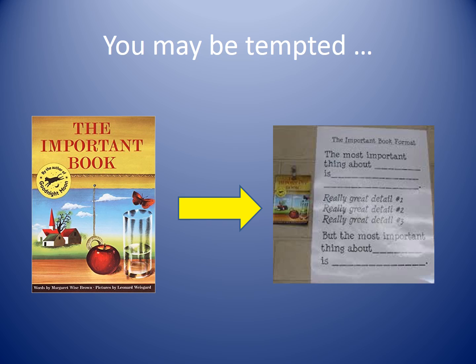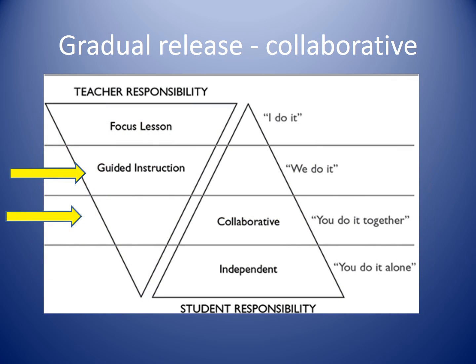This might be okay, but generally, students will learn more about language and create more elaborate text if you follow the gradual release of responsibility model. You see that I've put 2 yellow arrows next to guided instruction and collaborative. So before a student even writes their own copy of a pattern text, they've done it with you as a whole class, and then they've done it together with a pair or a small group.